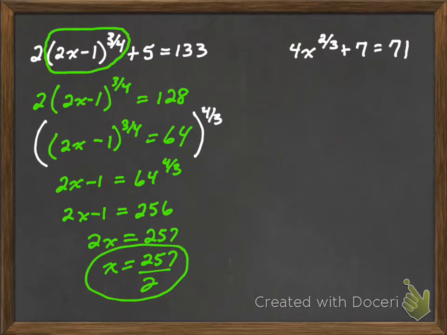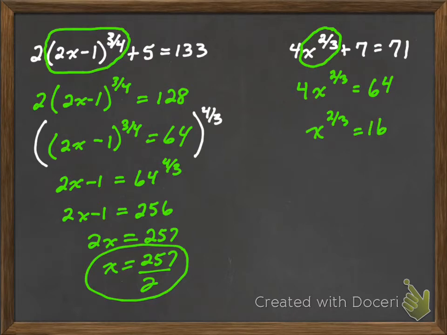All right, so the next problem, the radical part of this problem is right here. So we're going to start out by moving the 7. That's going to give us 4x to the 2/3. Subtracting 7 will be 64. And then divide by 4, which is 16.